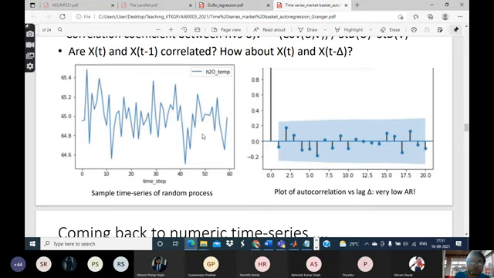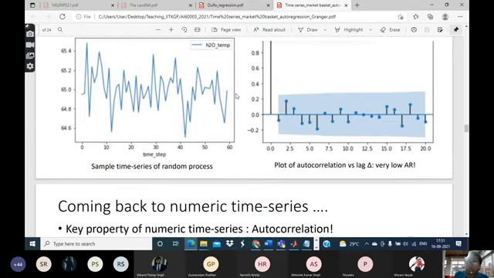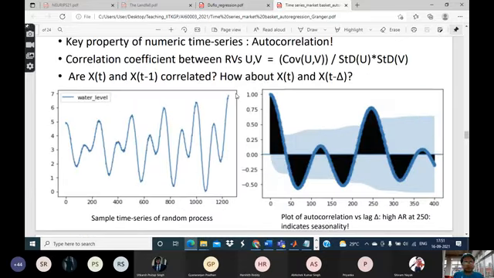This concept of autocorrelation helps us in being able to predict the time series. If the time series shows some kind of autocorrelation, then we can utilize that to make predictions about it. But if it does not, then we will not be able to make a good prediction.